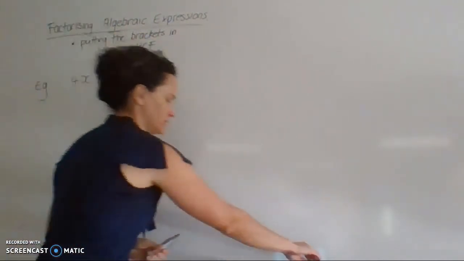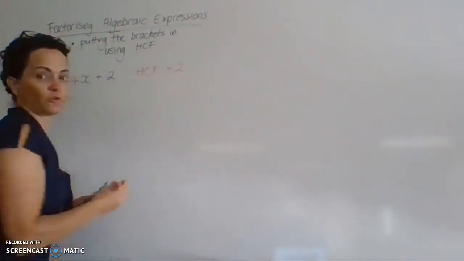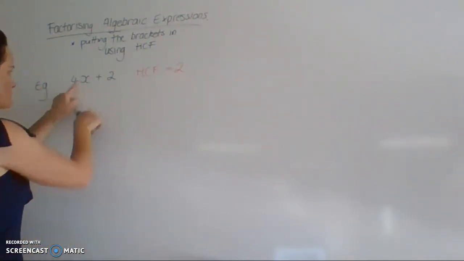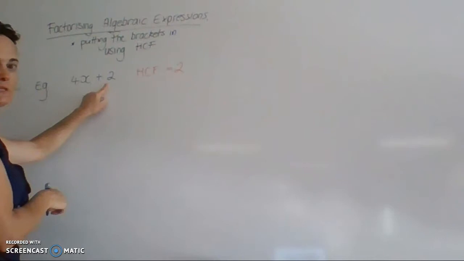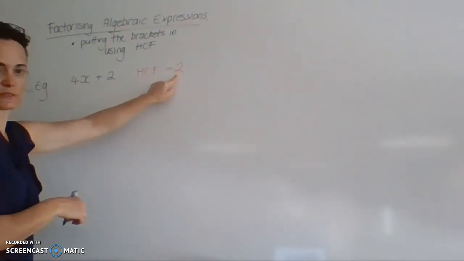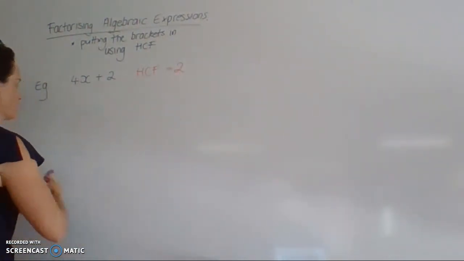So our HCF is 2. So I rewrite each of the terms, this is a term here and this is a term here, using 2 as a product. So we put our highest common factor in.